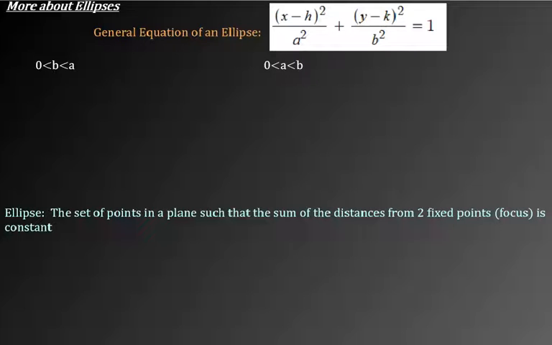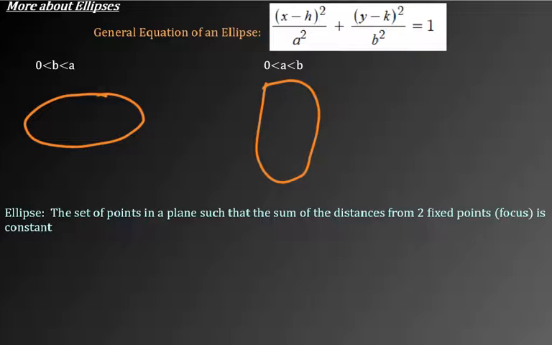If your number down here is bigger, so if a is bigger than b, then it's being stretched more in the x direction. But if b is bigger than a, then it is being stretched more in the vertical direction. So you get either an ellipse like that, or you get an ellipse like that.